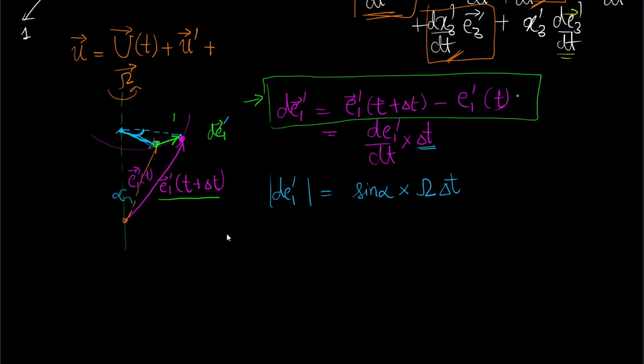Therefore, dE1 prime/dt times delta t is nothing but sine alpha times omega times delta t. So delta t cancels out. So dE1 prime/dt is nothing but omega sine alpha.